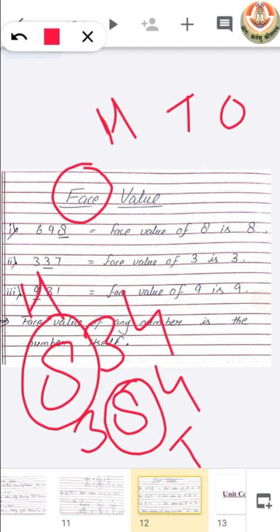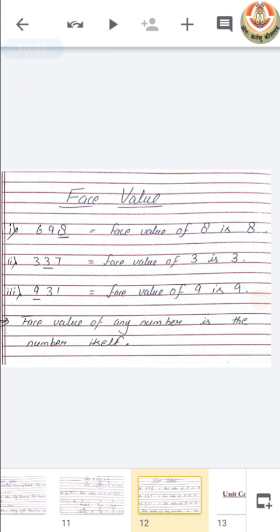In both cases the place of 8 is changed, but 8 will remain 8. We write 8 as 8. That means the face of 8 remains the same in both cases. So whatever the place of the digit, its face will remain the same.